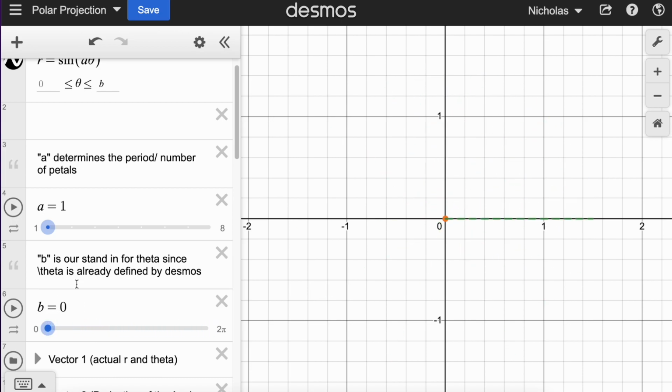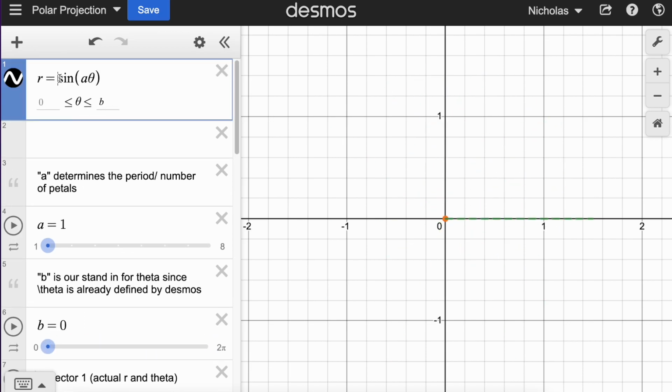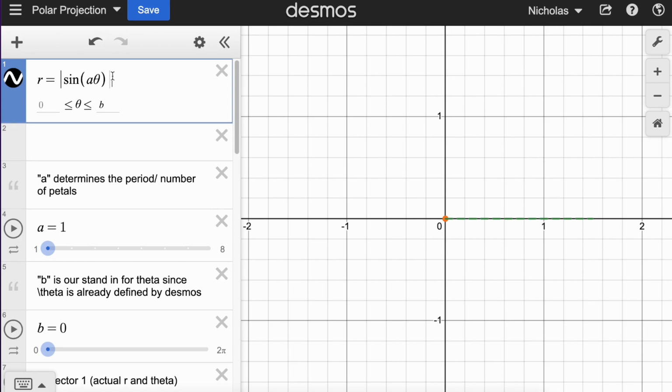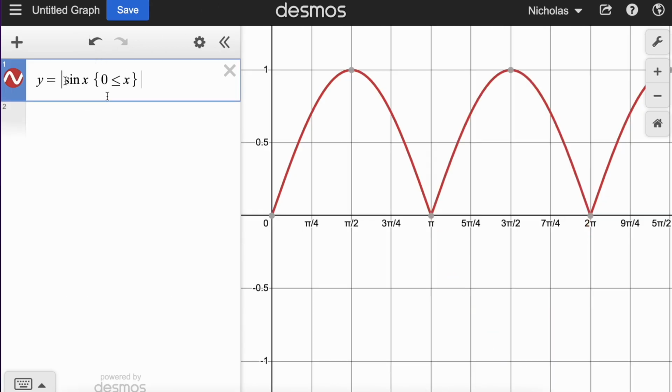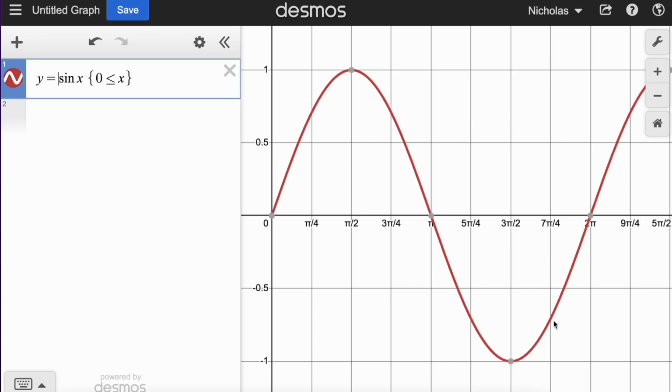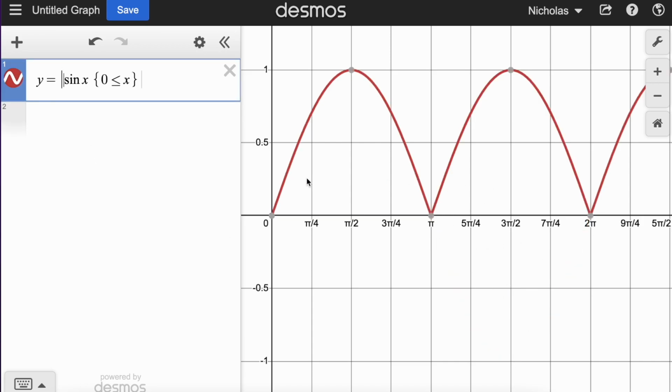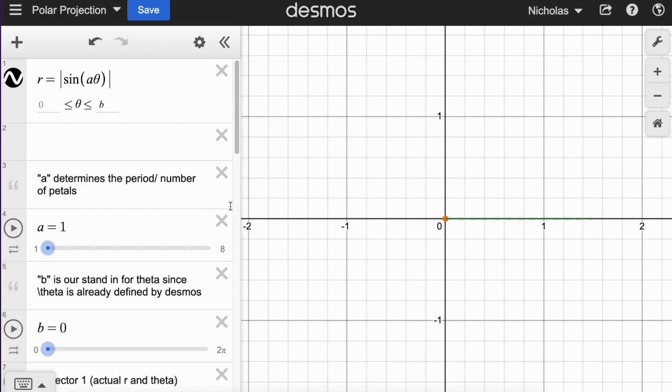What will happen if I include an absolute value here is that now my radius will never be negative. So if I made sine of x the absolute value of sine of x, well, now that just flips my negative portion of the graph back to positive, so sine is always positive. So we should expect this to plot in the same direction that my angle is facing.